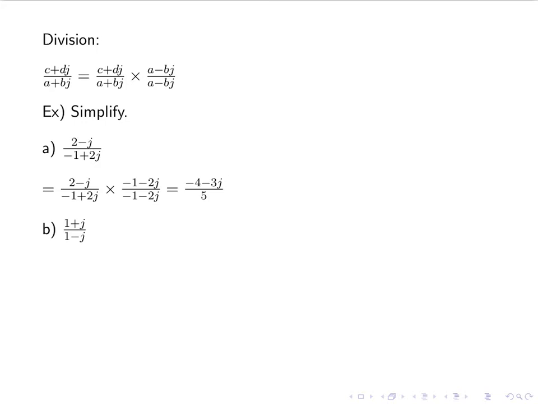The next one we have is 1 plus j over 1 minus j. So then we're going to multiply top and bottom by the conjugate of the bottom, so 1 plus j. If I distribute the 1 across the numerator, I have 1 plus j. Distribute the j, I have j plus j squared.